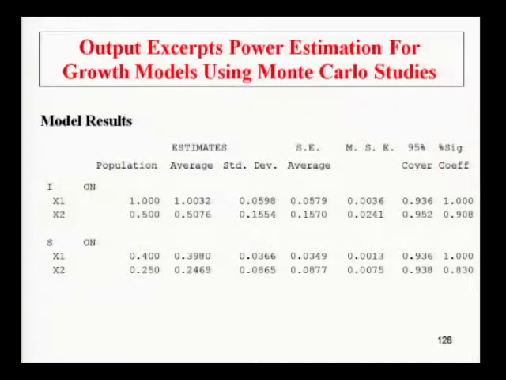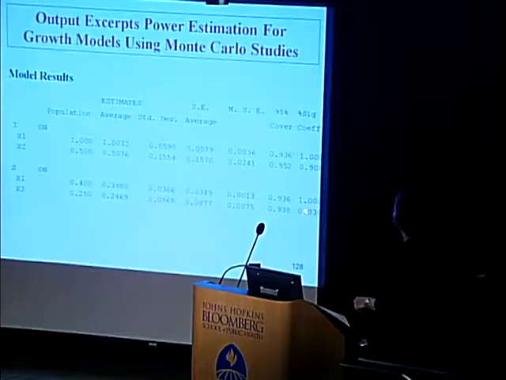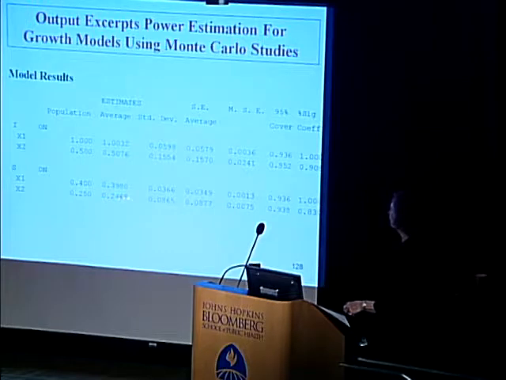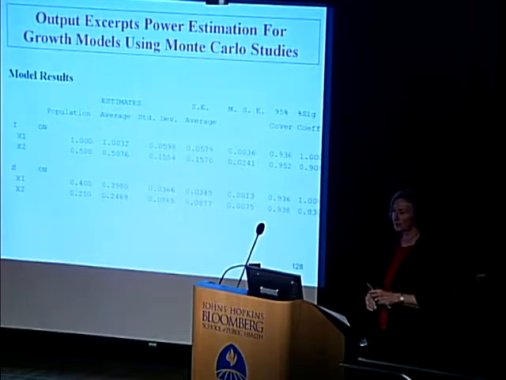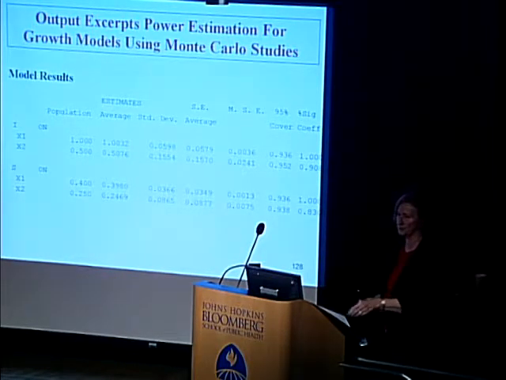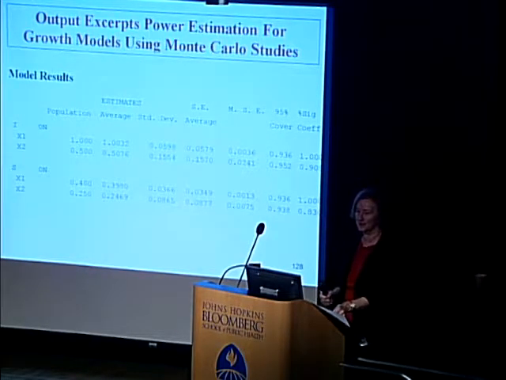That number constitutes power. So we have a power of 0.83 to detect that 0.2469 is different from 0. So that's just a basic overview on how you would use our Monte Carlo simulation facilities to be able to determine sample size and estimate power.